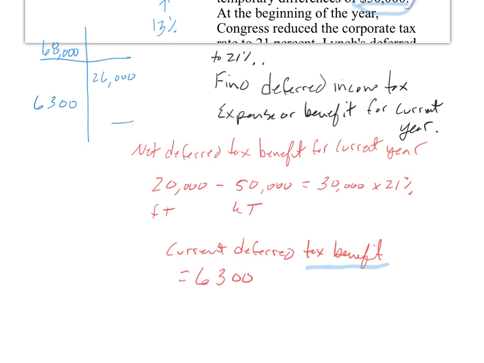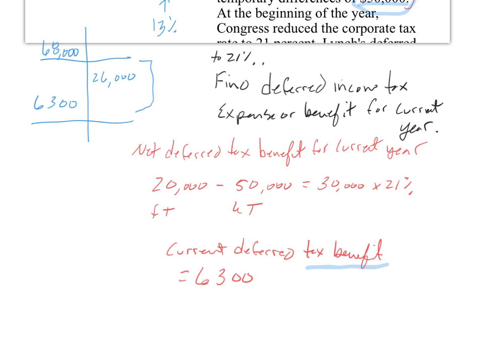All right, and so what does the question ask us for? It asks us to find the deferred income tax expense or benefit for the current year. And so for the current year, we need this net adjustment amount.